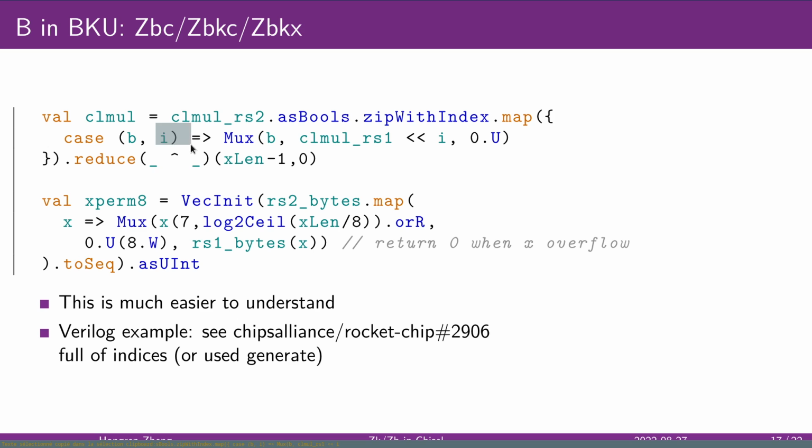I is the index here, so it is a compiler constant, and with just 3 lines we can describe the carryless multiplication very precisely.